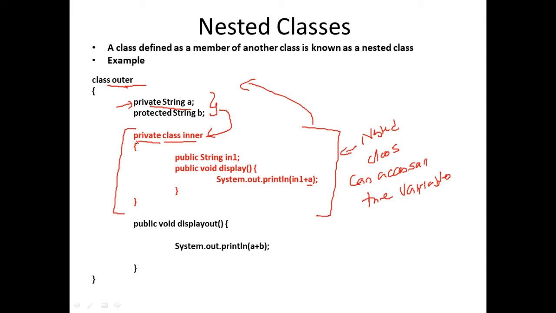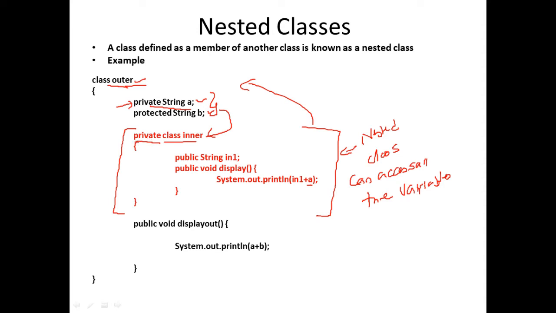Another important property is that this inner class is just like a data member for the outer class. What are the data members for the outer class? We have private string A. This is one data member. This is another data member. This entire class is like a data member for the outer class. So you can define this to be private, protected, or public, like you define a data member.